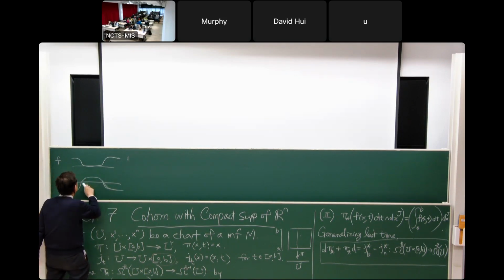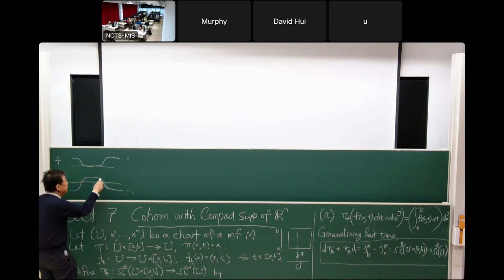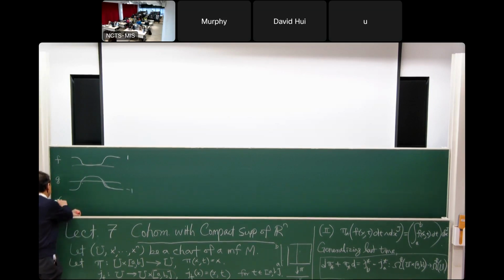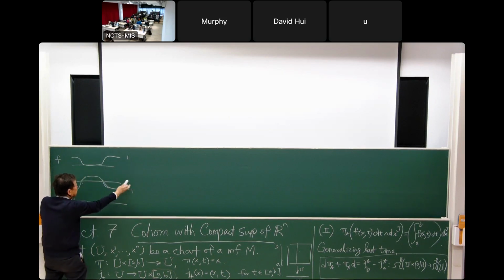So F and G do not have compact support, but when you add them, the 1 and minus 1 near infinity cancels out.